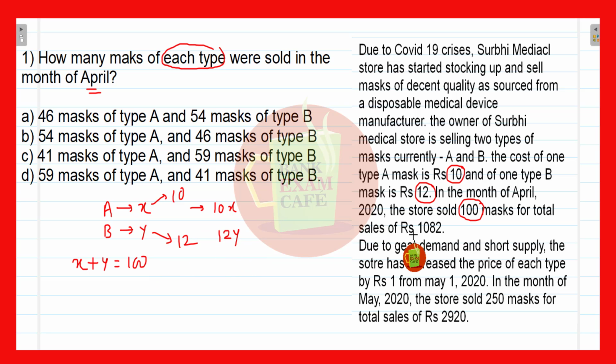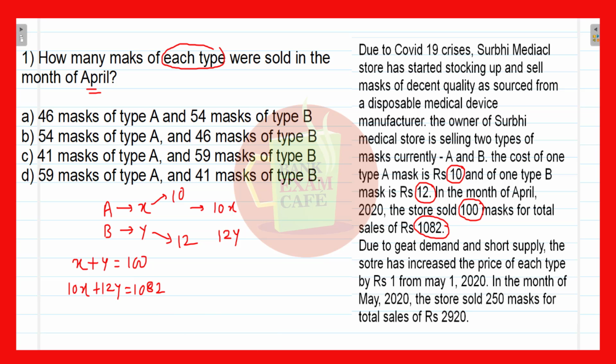So the total amount is what? It is 1082. So the equation will be 10x plus 12y, which is equal to 1082.